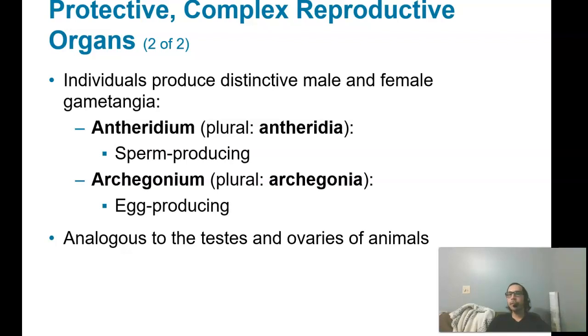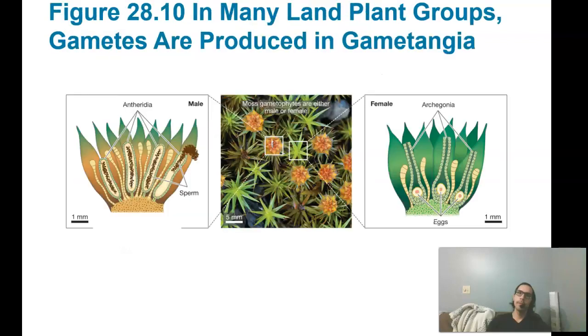And these are analogous to testes and ovaries in animals. Okay, so you can see some diagrams. So the antheridia are the structures, and inside, that's where you would find the sperm because they produce sperm. For archegonia, the whole thing is a structure here, and then inside each one of them are the eggs.